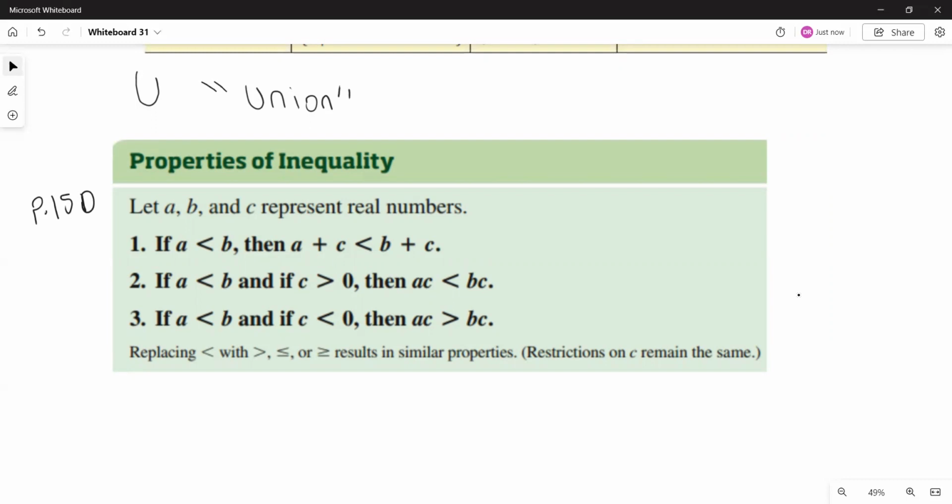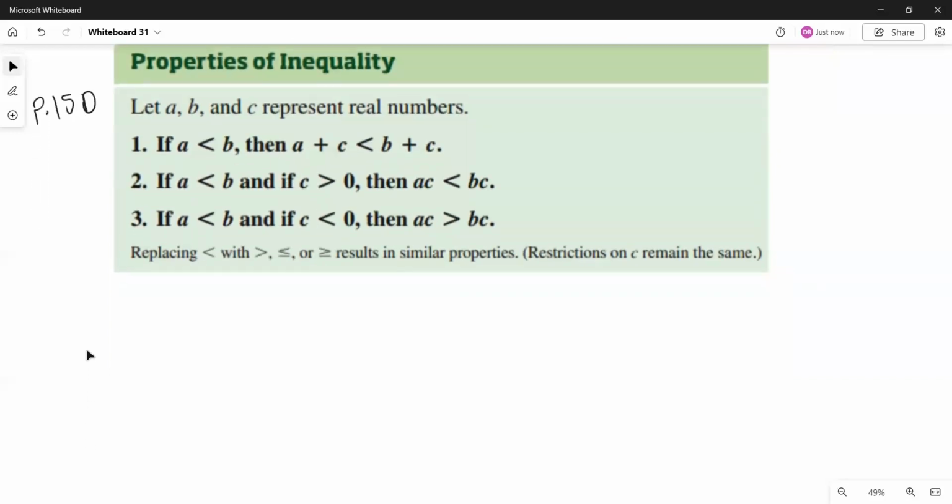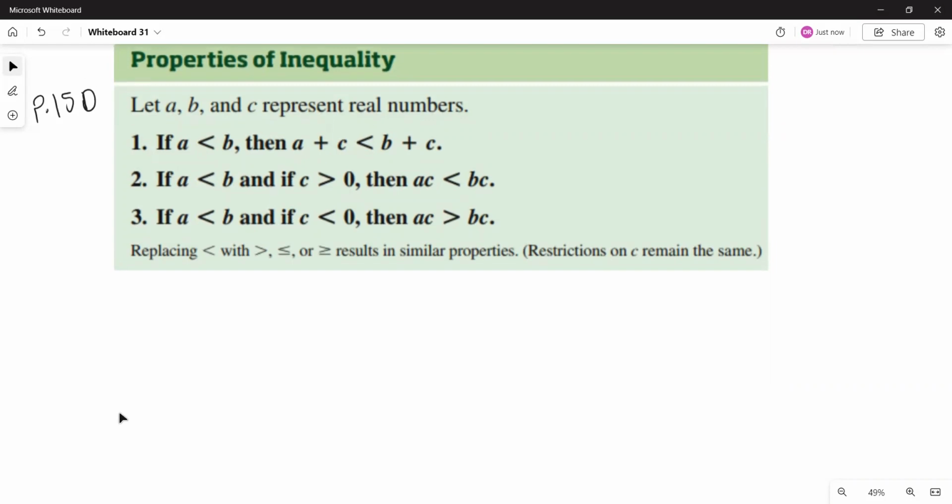And if a is less than b and c is negative, then the inequality is reversed. Replacing less than with greater than, less than or equal to, or greater than or equal to results in similar properties. Restrictions on c are the same.